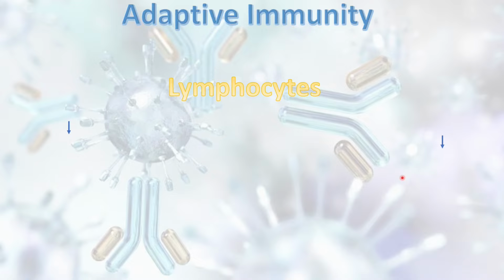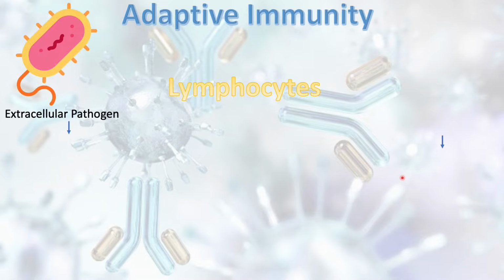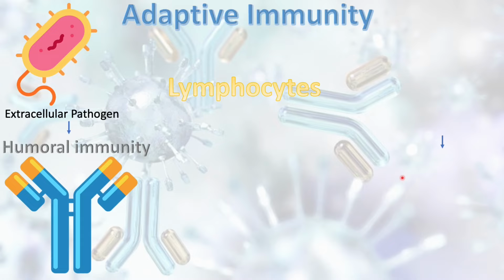So this slide will highlight to you the difference between humoral and cell-mediated immunity. If we have an extracellular pathogen, for example, a bacteria that lives outside the cell, we will need antibodies in serum to attack it, right? This is called humoral immunity. Humor is Latin for serum. So here we need antibodies in serum produced by B lymphocytes to attack it.